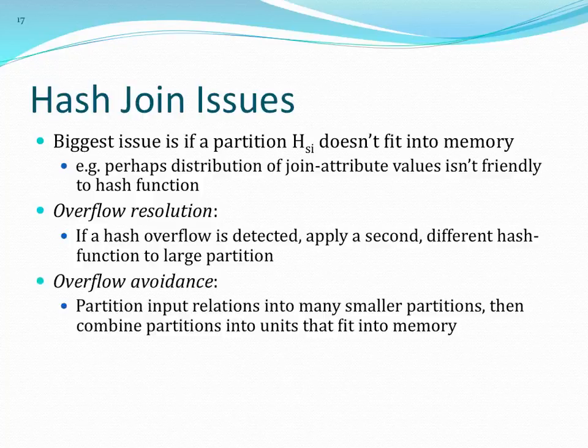Another is to generate a whole bunch of tiny partitions right off the bat, because then I can consume as many partitions as I can to fill up memory. I kind of prefer overflow avoidance because it's more fun to me, but you'd be generating a bunch of small files on your disk, which is the downside. Probably overflow resolution would be the most efficient approach, but overflow avoidance is appealing to me just because I like that kind of approach.